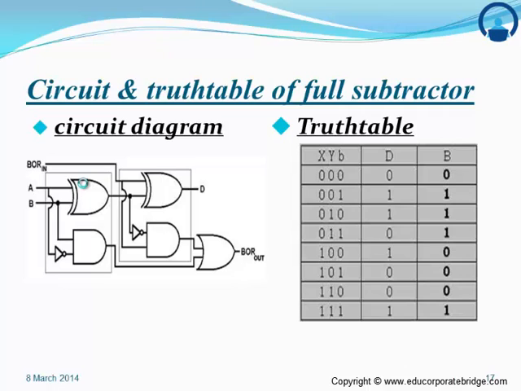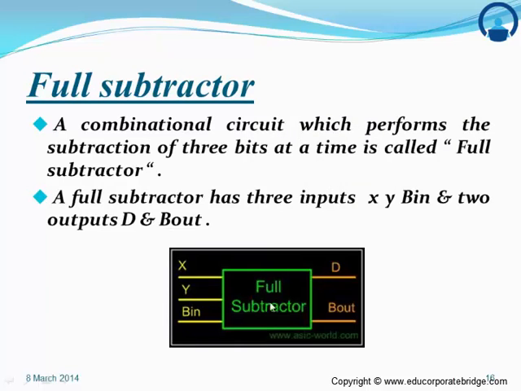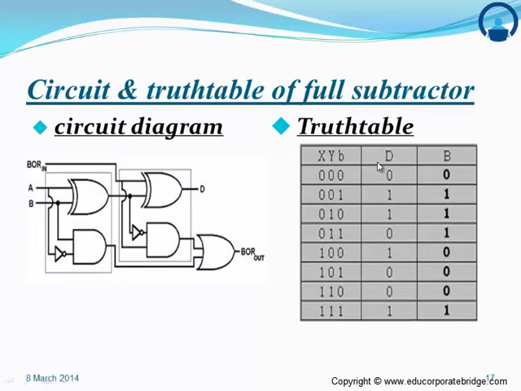This is the circuit diagram. Let's work out the first input combination: X is 0, Y is 0, and Bin is 0. This previous borrow is also included here.